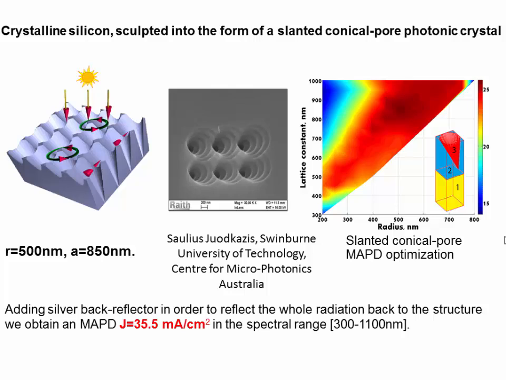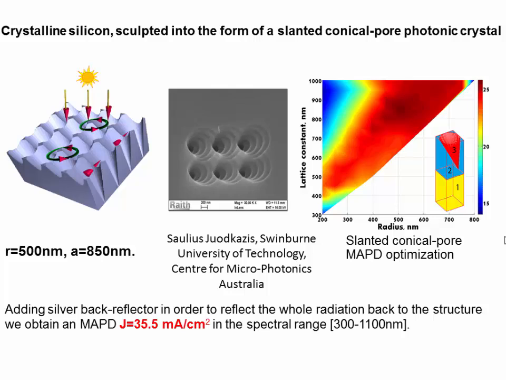This is region number 2, this is silicon, and 1 is an infinite glass substrate, and the cones in this case are filled with air. And you see that the MEPD in this case reached 25.5 milliamps per square centimeter at the optimal parameters: radius of the cones 500 nanometers, and lattice constant equal to 850 nanometers.